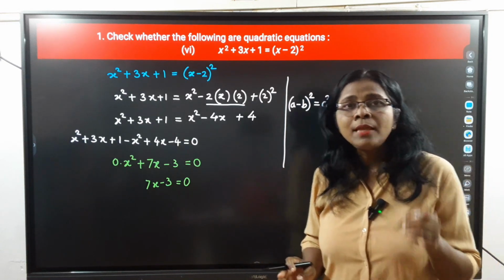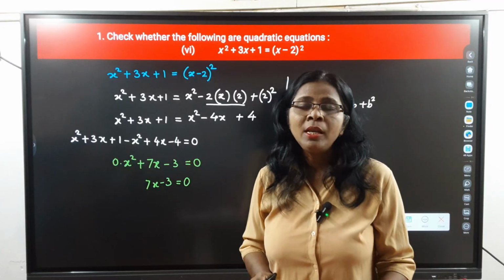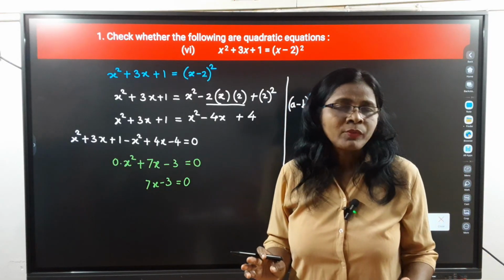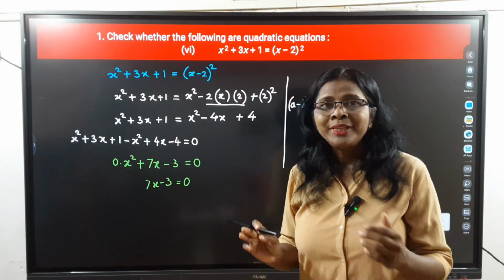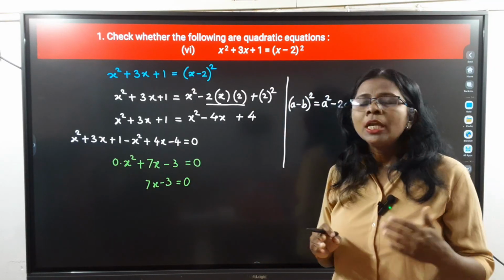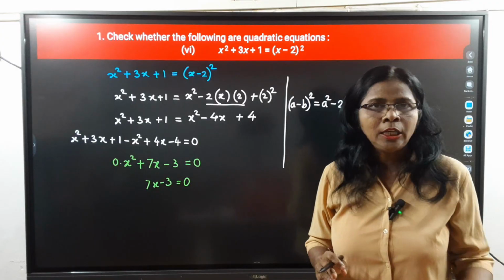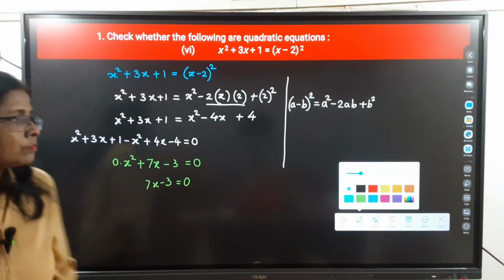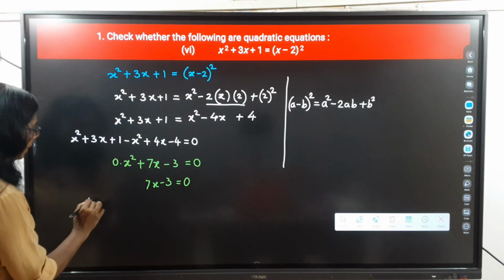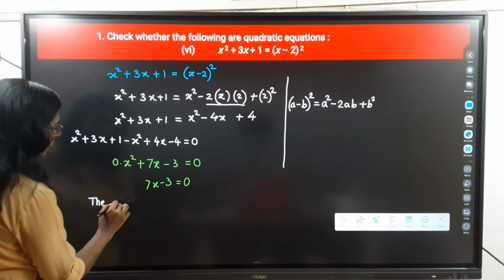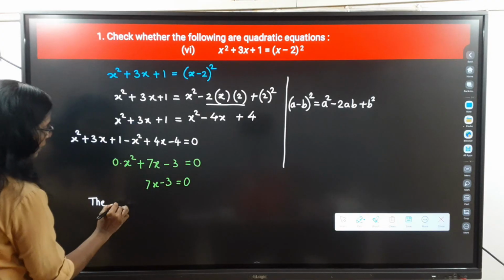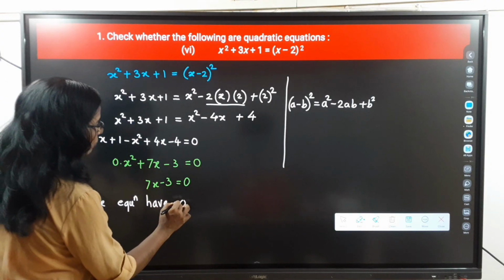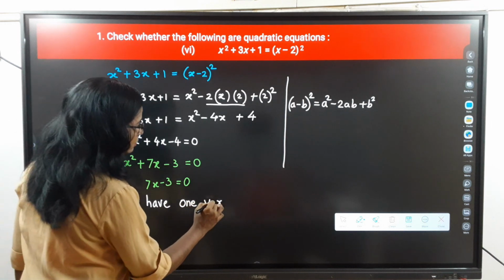So here this equation has one variable but does not have degree 2. So that's why the given equation is not a quadratic equation. So let us write down the final answer students here. So I write down here the equation has one variable.